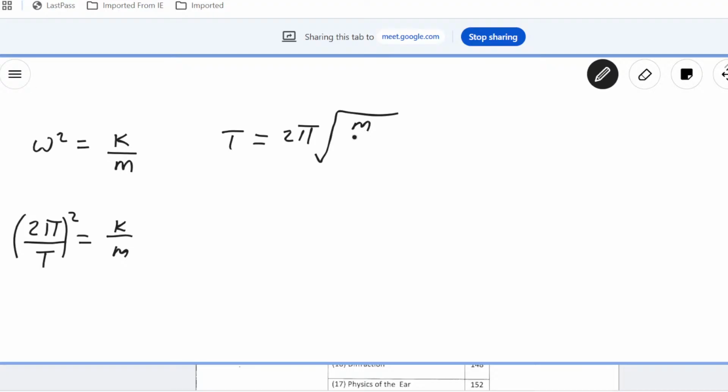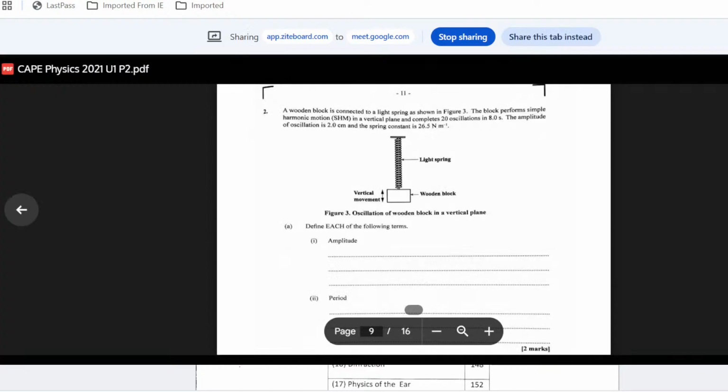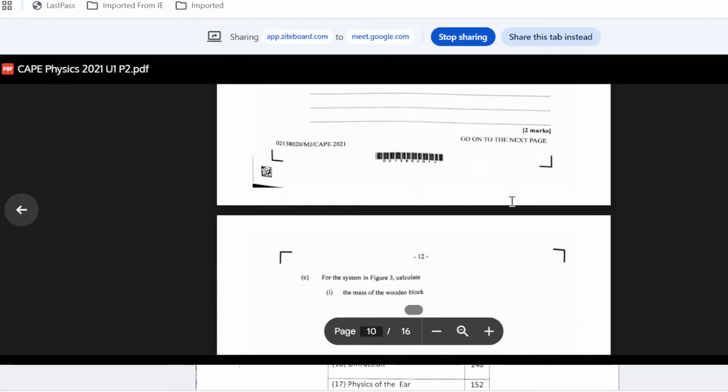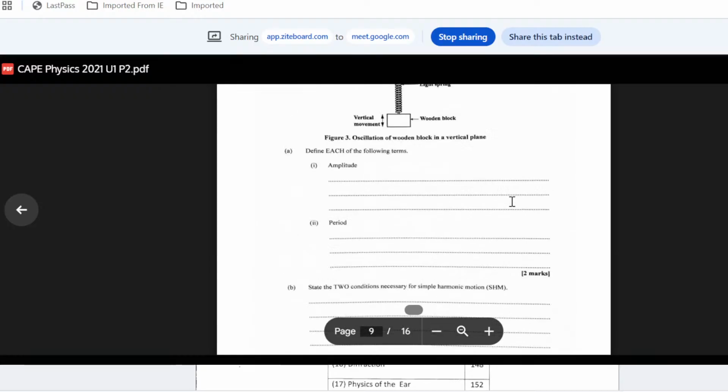So that's for a spring. They want the mass, you're trying to find the mass of the wooden block.